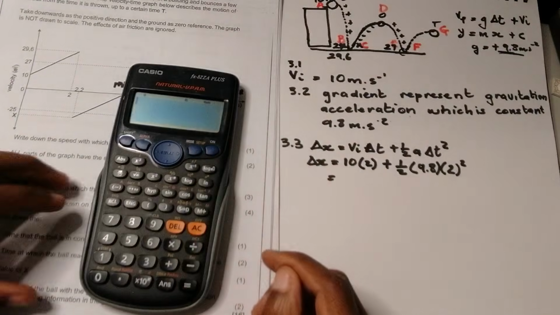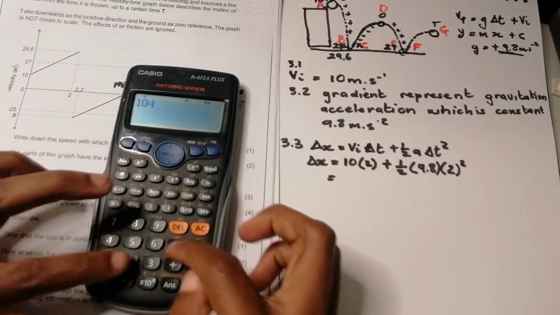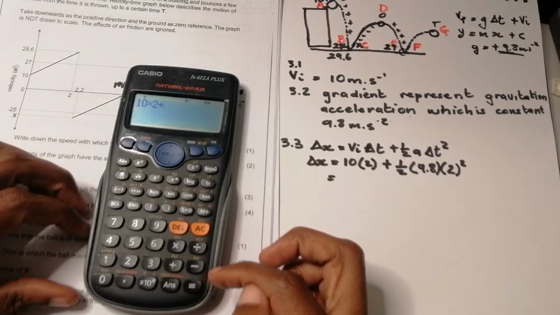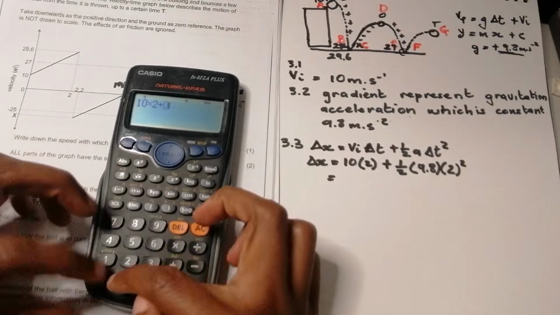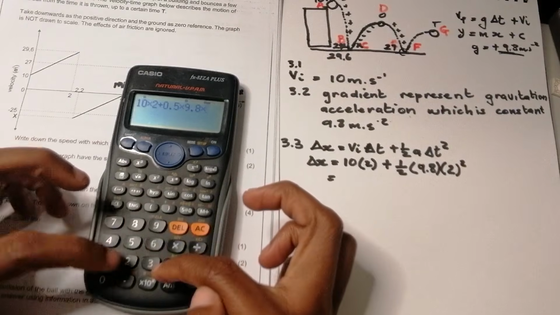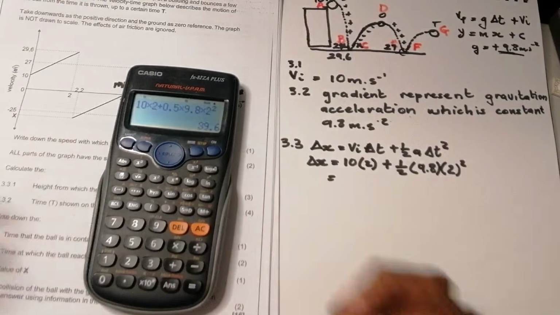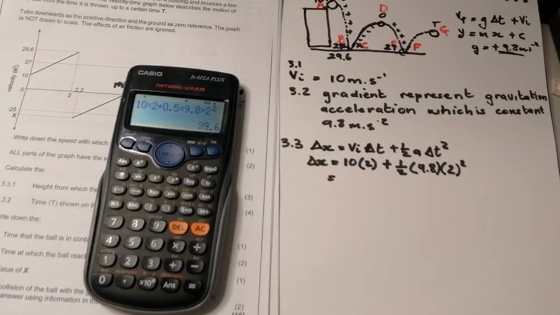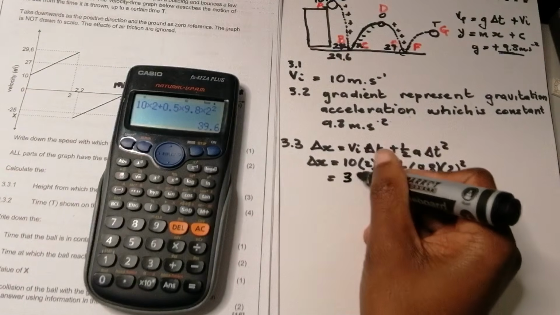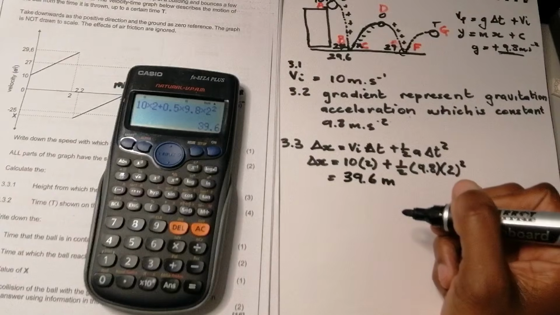So we're going to say this is 10 times 2 plus 0.5 times 9.8 times 2 squared. So I get a value of 39.6 meters, right?